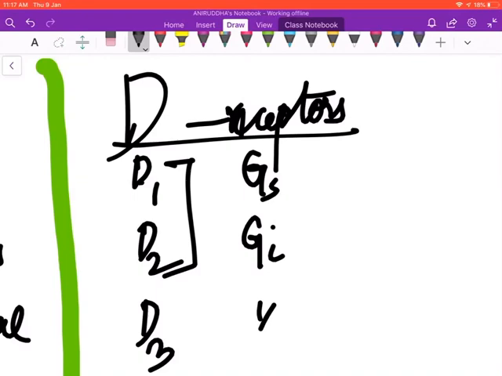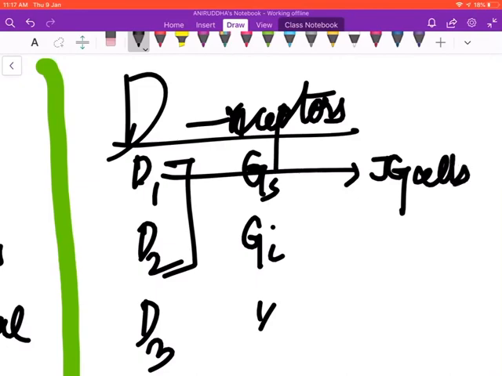D1 is found on the JG cells as well, and that is why dopamine is often used in case of oliguria, because it stimulates the D1 receptors, and dopamine is the drug of choice in case of congestive heart failure with oliguria.